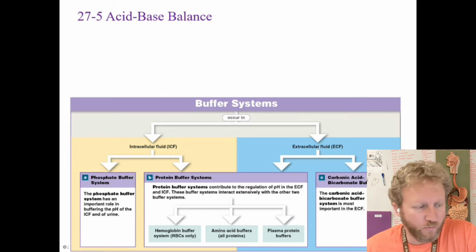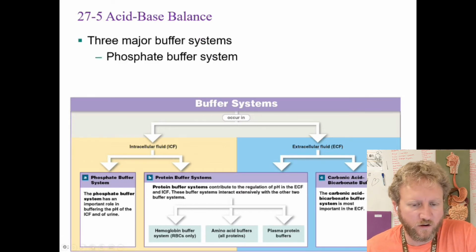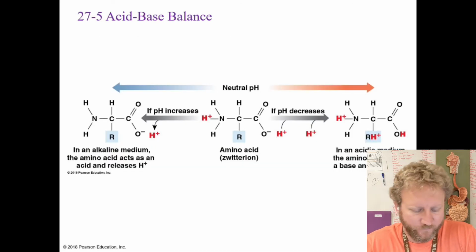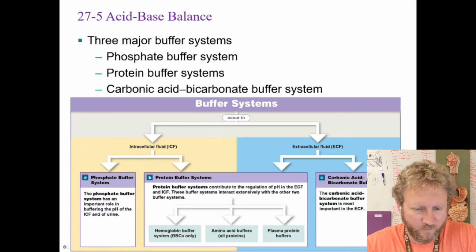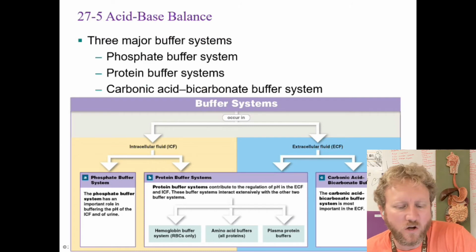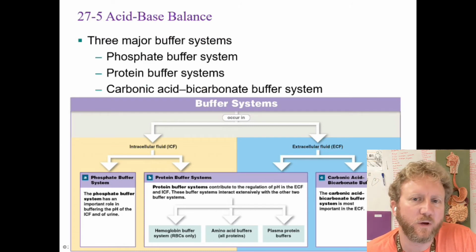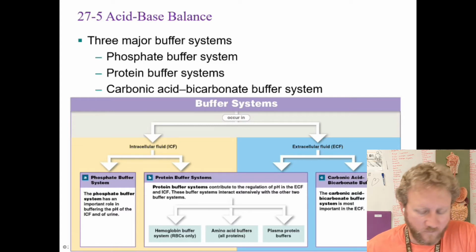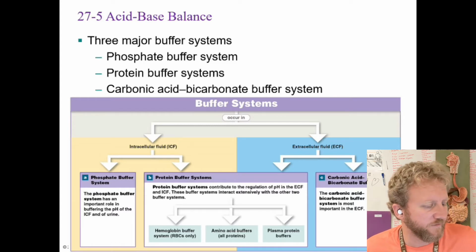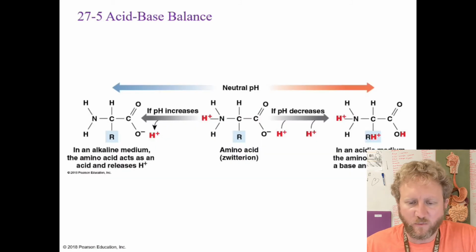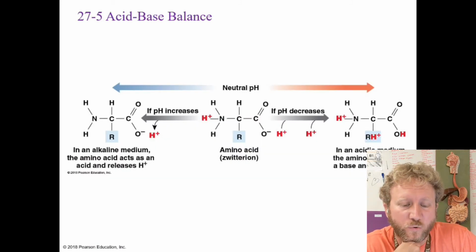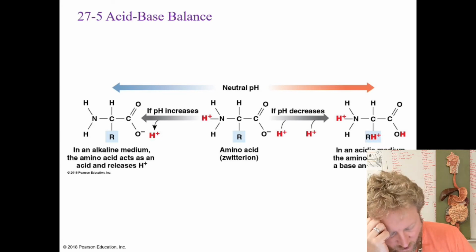We have the protein buffer system. The protein buffer system relies on amino acids to be the weak bases and absorb those hydrogen ions. This is important in the ECF and the ICF. And so basically what ends up happening is you have certain functional groups, which is this R group right here.